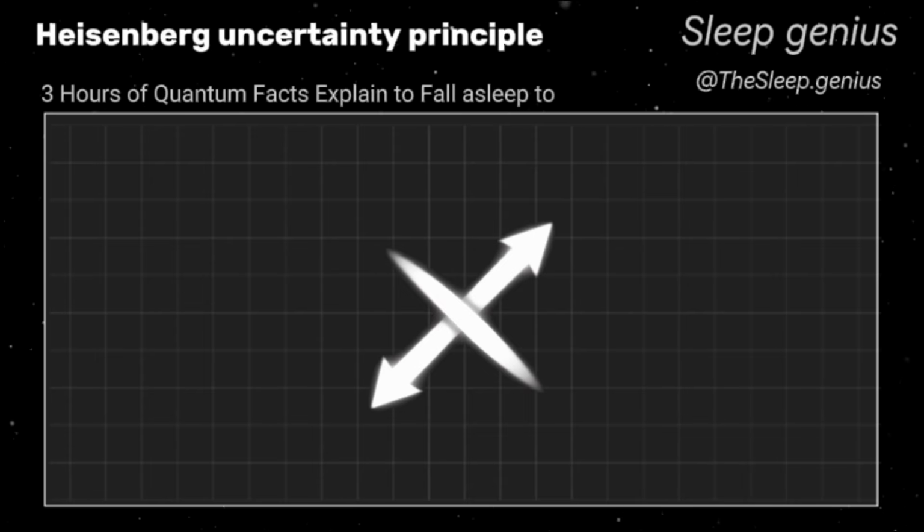Despite its abstract nature, the uncertainty principle has practical consequences. In quantum chemistry, it explains why electrons do not spiral into atomic nuclei, giving rise to the stability of matter. In modern technology, it underpins the operation of electron microscopes and the principles of quantum computing.